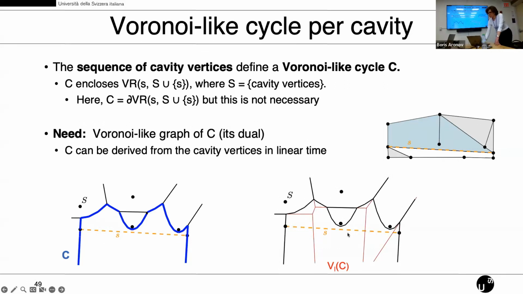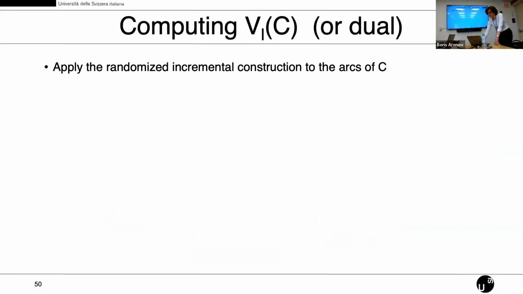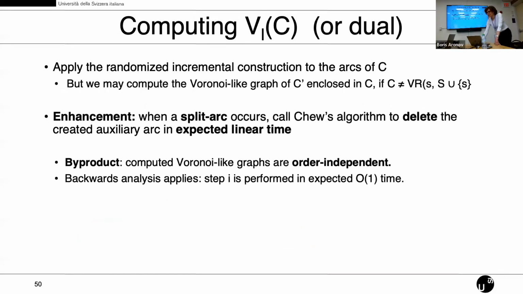And so what we need is to compute the Voronoi-like graph of C, so what we see here. So C can be derived from the cavity vertices. So we can just apply the randomized incremental construction to the arcs of C. However, if we just apply it, we may end up computing a Voronoi-like graph, not the one that we want, but one enclosed in C.